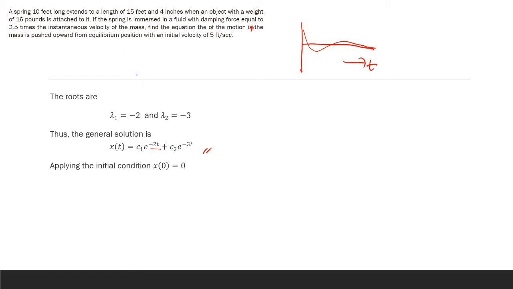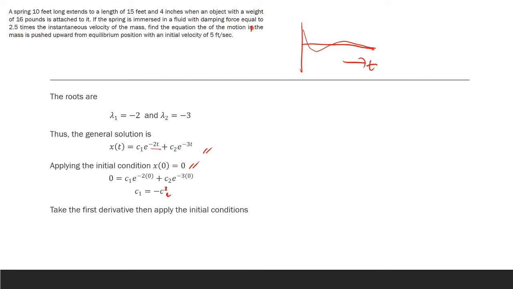So, therefore, at t is equal to 0, x is equal to 0. Substituting that, we'll have 0 is equal to c1 e raised to negative 2 times 0 plus c2 e raised to negative 3 times 0. So, e raised to 0 is 1. So, what's left is c1 is equal to negative c2. That is c2, not c squared.